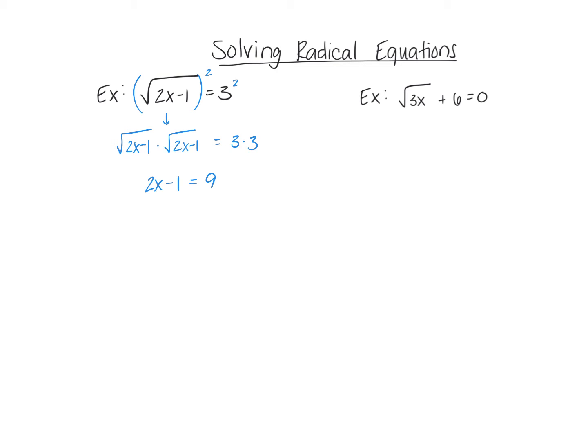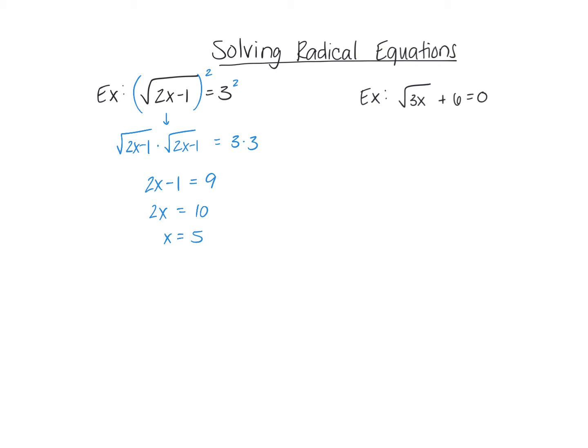There are no restrictions on a linear equation, so x can be positive, negative, 0. It doesn't matter. Solving this really quick, this linear equation gives us that x equals 5.